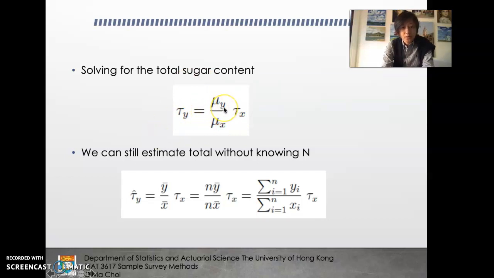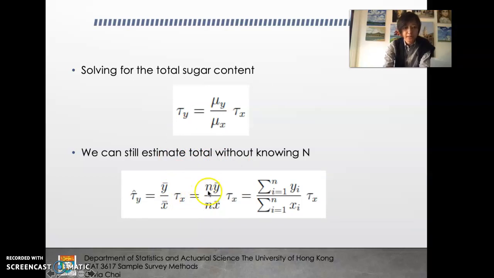We can estimate μy by our sample y bar. We can estimate our μx by our sample x bar. Now we can have the estimated total sugar content of the shipment by using this ratio multiplied by tau x.